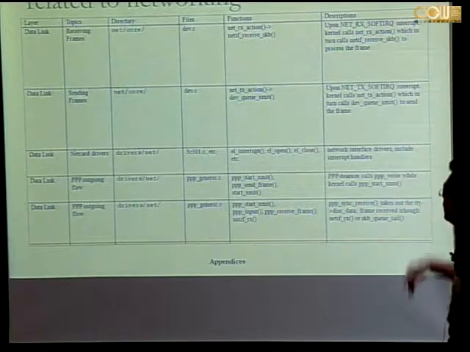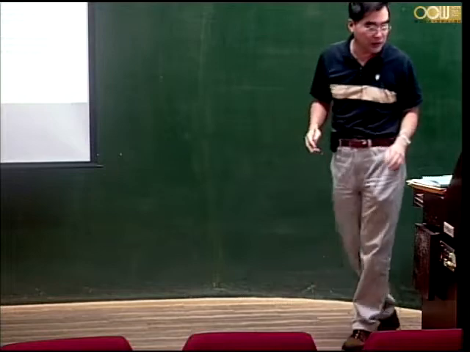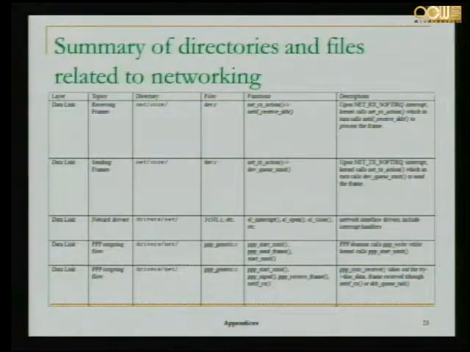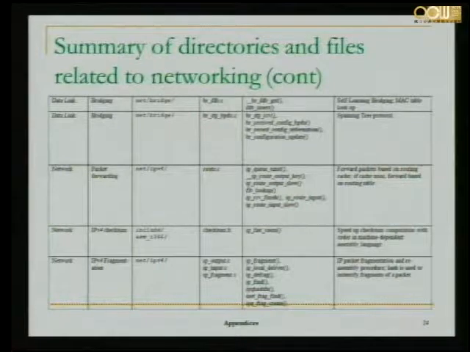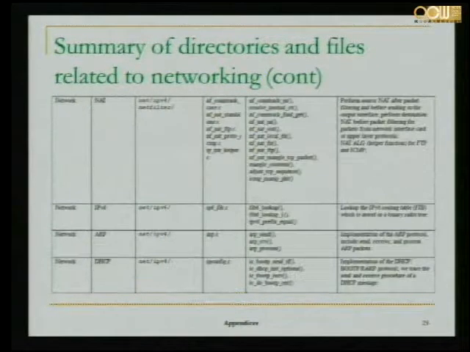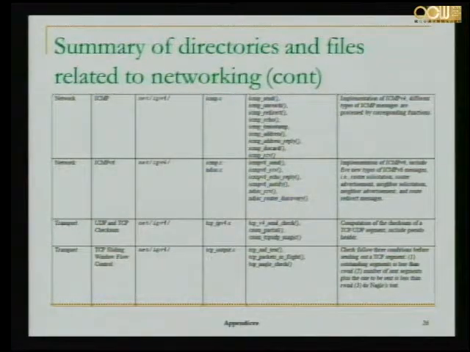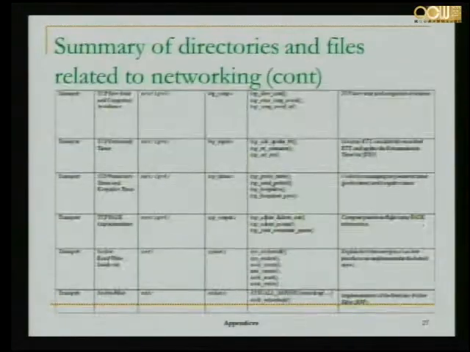For networking code, depending on which layer, this page shows you the link layer networking code, then the network layer, the IP layer, and then the transport layer. The application layer is not in the kernel, so it's not listed in the table here.